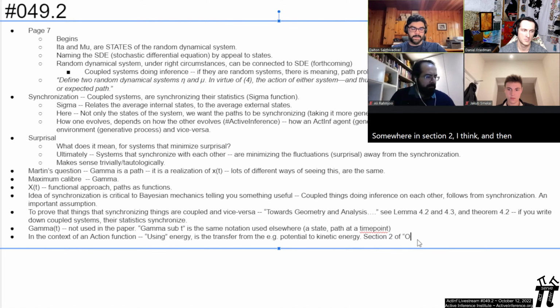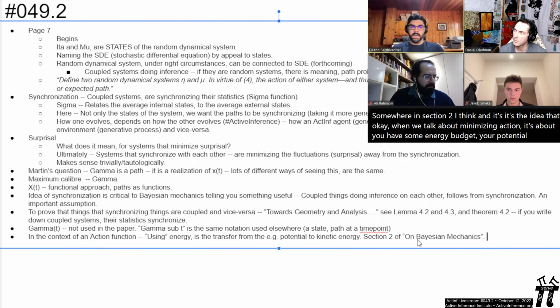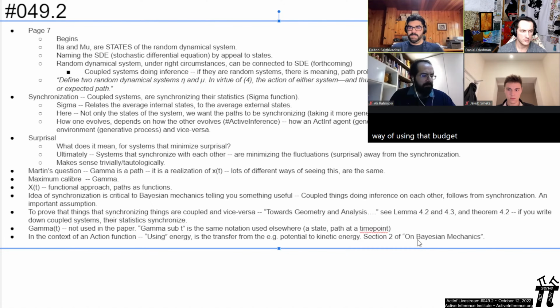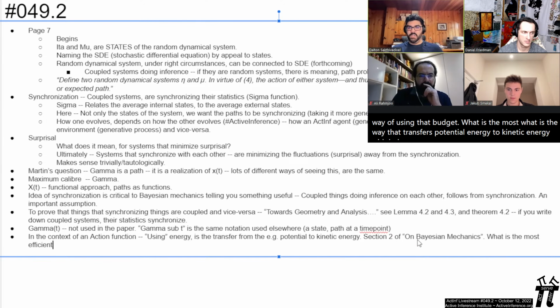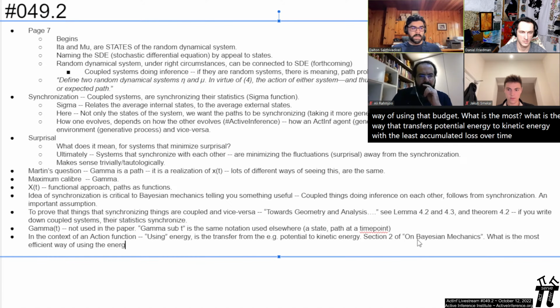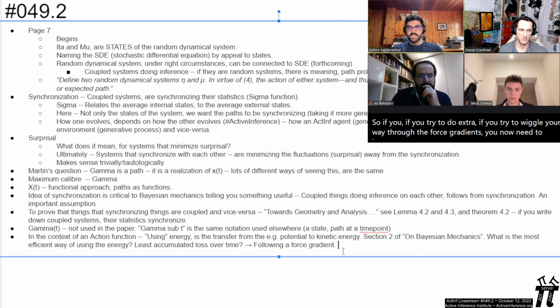And it's the idea that, okay, when we talk about minimizing action, you have some energy budget, your potential energy. And you want to know, okay, what is the most efficient way of using that budget? What is the way that transfers potential energy to kinetic energy with the least accumulated loss over time? And physically, that is just following a force gradient. If you try to wiggle your way through the force gradient, you now need to invest more potential energy, but you're getting to the same spot.